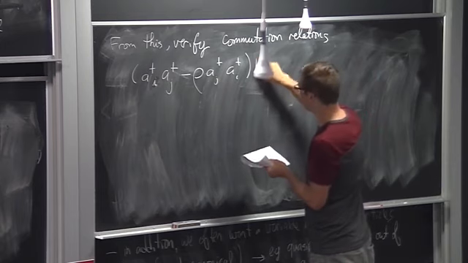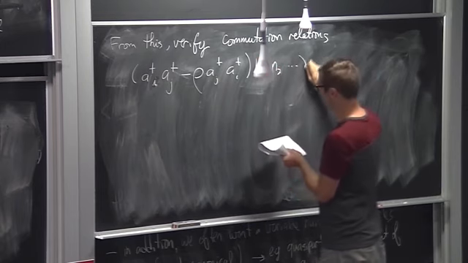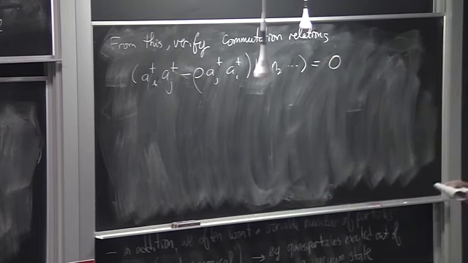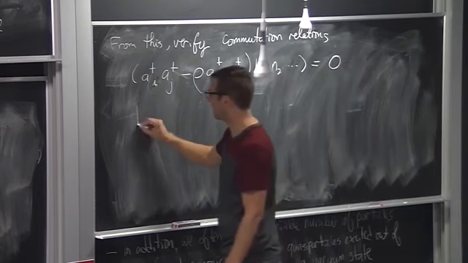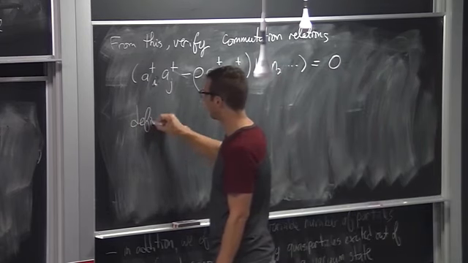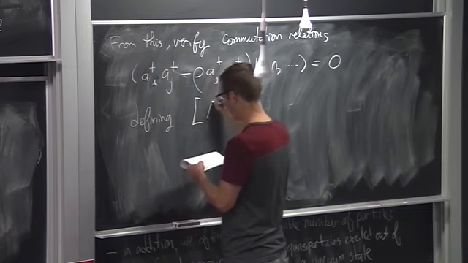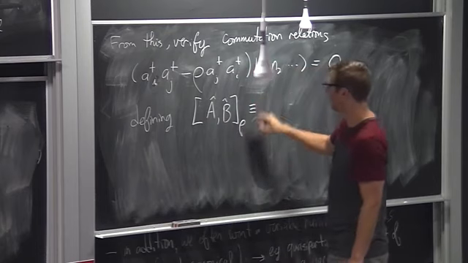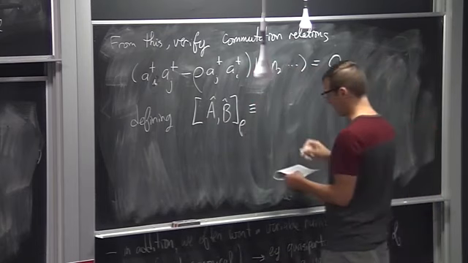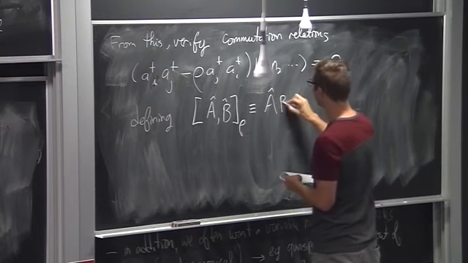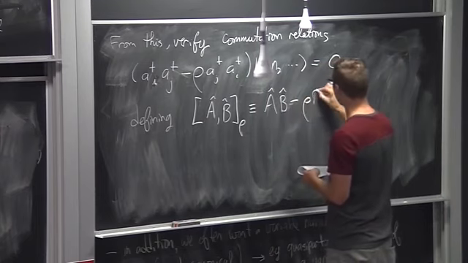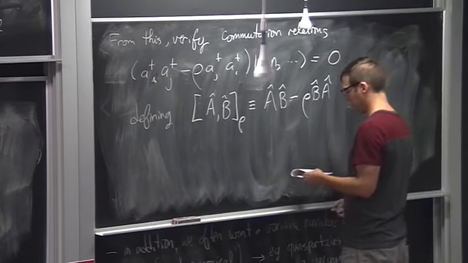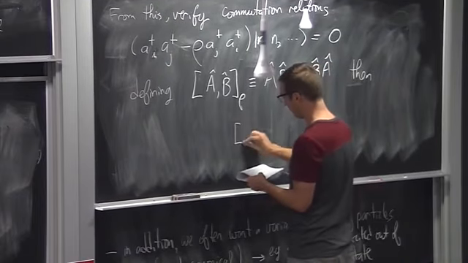So if you apply this to a state, which means if I define a commutator and an anti-commutator for two operators with a subscript rho, 1 for bosons, -1 for fermions. So AB minus rho BA. Then commutator and anti-commutator.